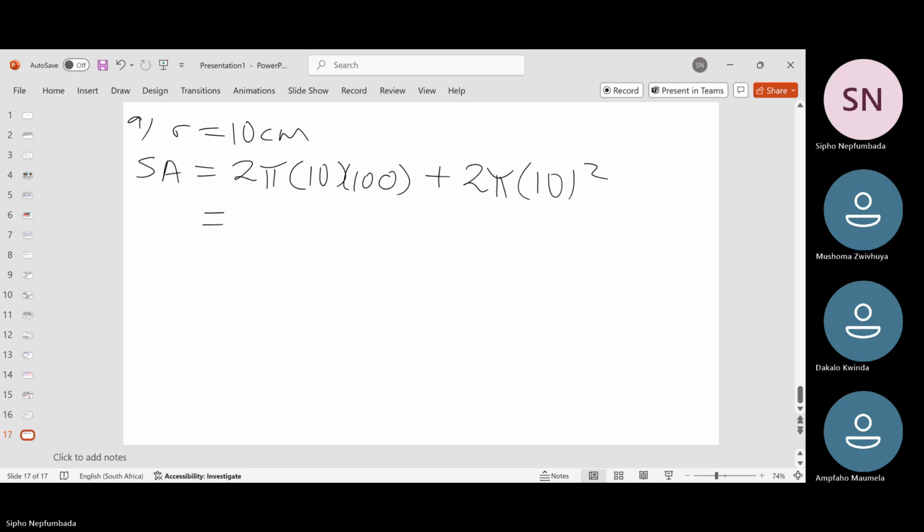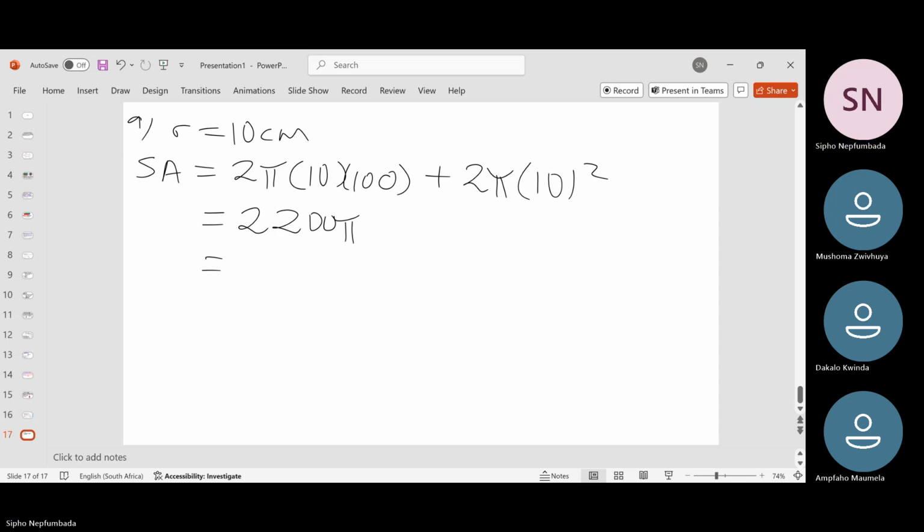When you press everything with pi, you get what?